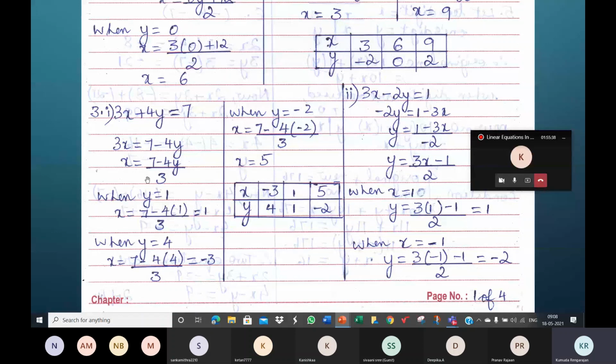It's about identifying the first number, and then whatever is the denominator, to that number you can add the denominator or subtract the denominator. Both will give you values which can be plotted correctly. You said if y is equal to 1 and x is equal to 1, you told to add 3 or subtract 3, no ma'am. If y is equal to minus 1, I had that doubt, ma'am.